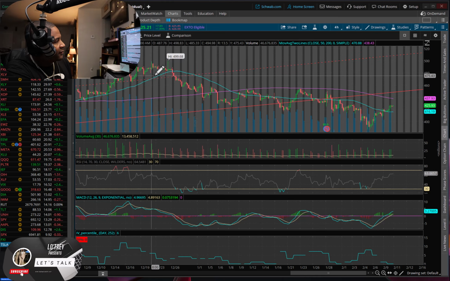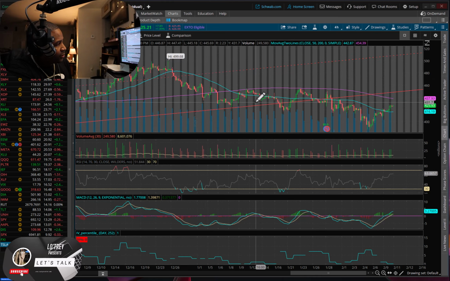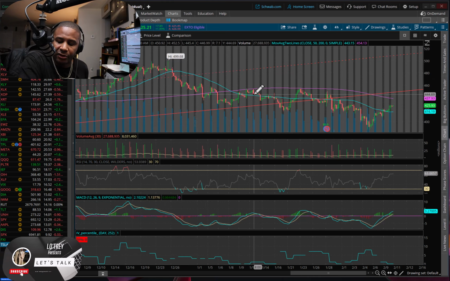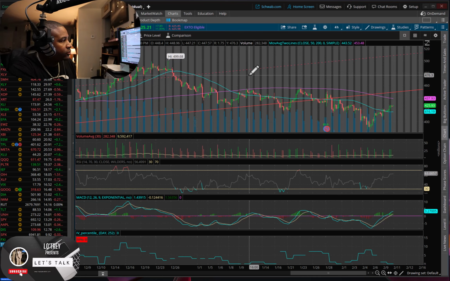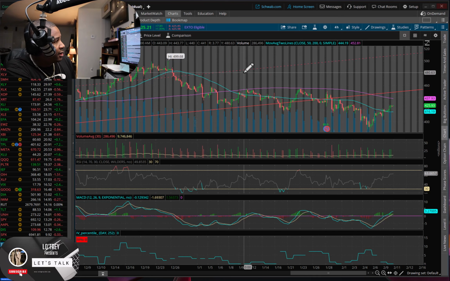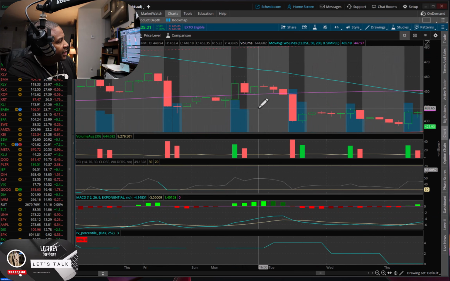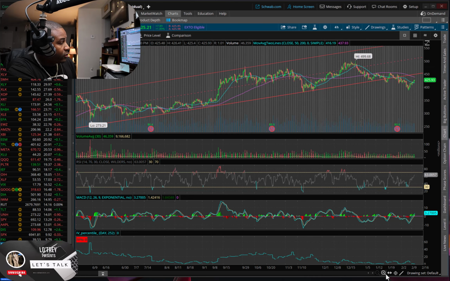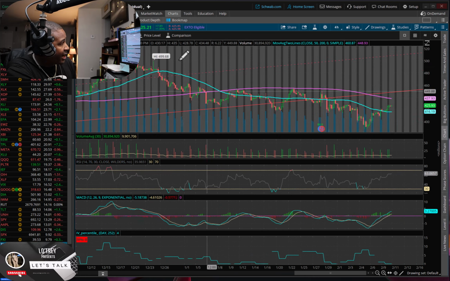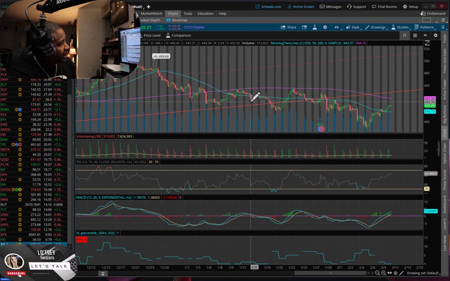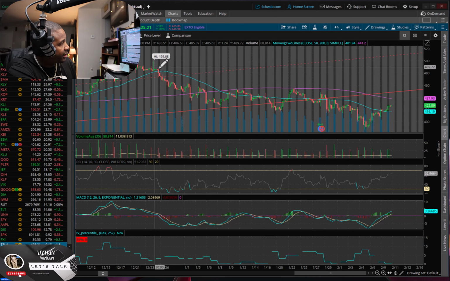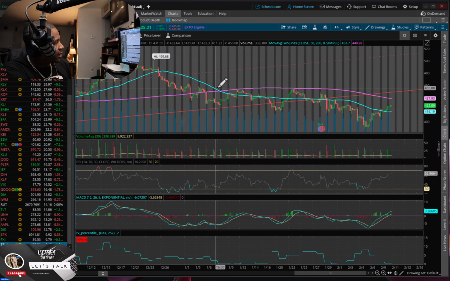The 50-day moving average crossed down, which we call the death cross. Yes, sir. When you see that, it's fixing to get ugly. When the 50-day crosses down under the 200-day moving average, this blue line right here, it's fixing to get ugly. But you can see that it's clearly on a downtrend.